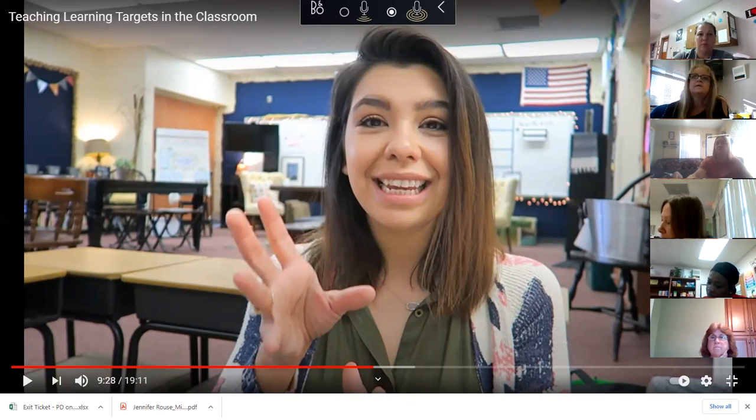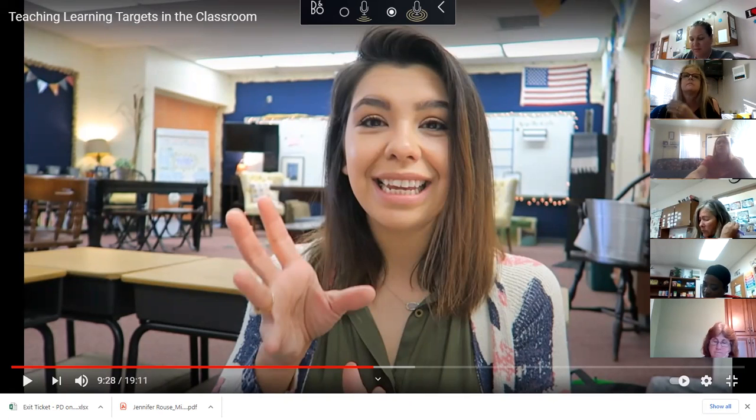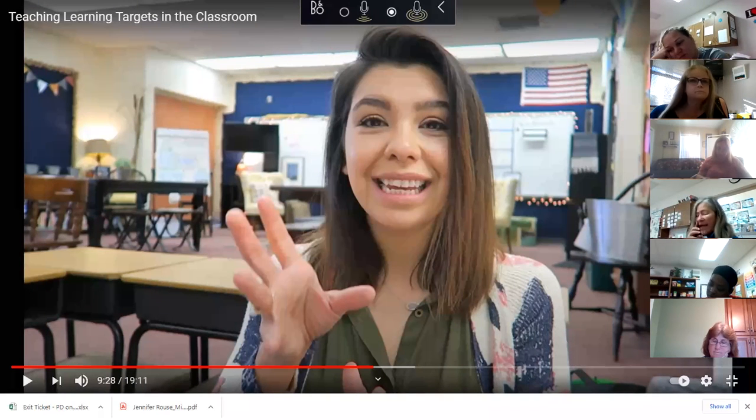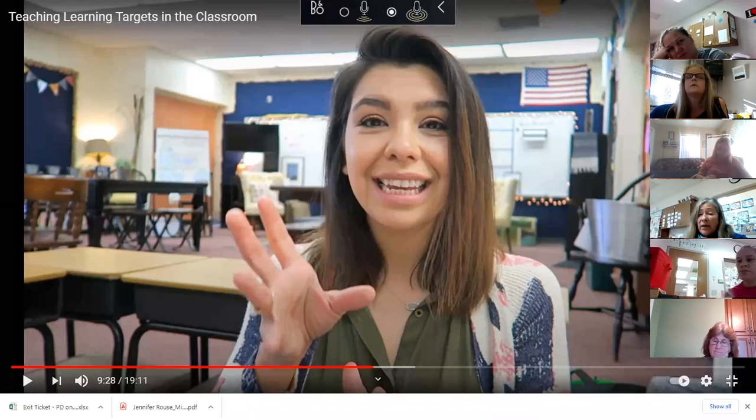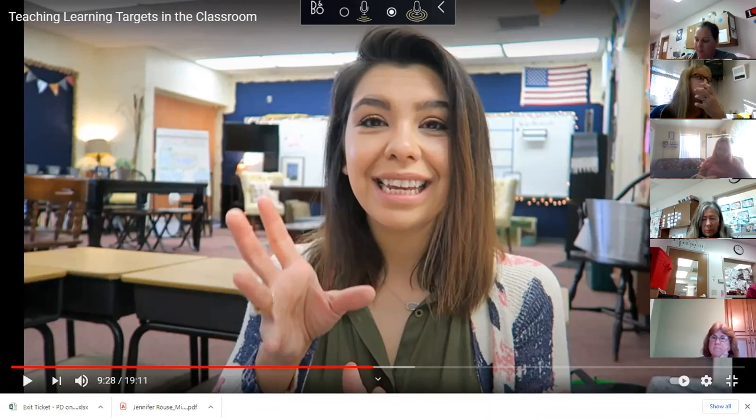Okay, so what is tip number 1? Have smaller targets. Make them small and precise and break down the standard to make them smaller daily, in student-friendly terms. So when you're planning, you need to take your standard, and then you need to create your target in student-friendly terms, and then make those smaller targets.